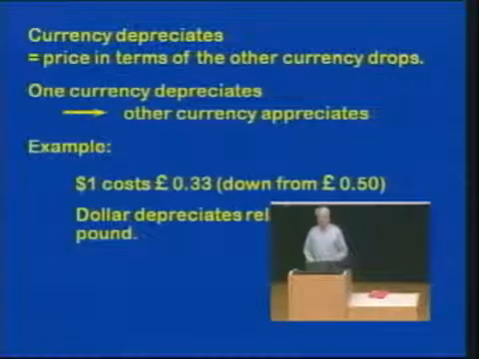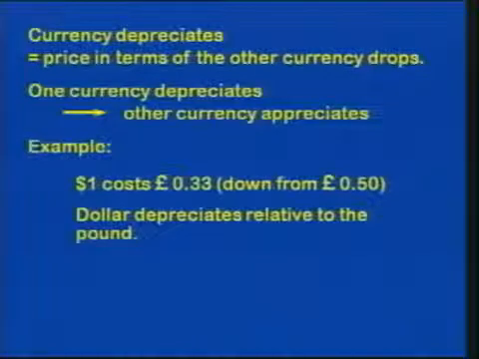So for example, if the dollar depreciates, and instead of costing half a pound to buy $1, if you're a Brit, it only is 1/3 of a pound, that means the price of a dollar has gone down to people who are wanting to buy dollars.